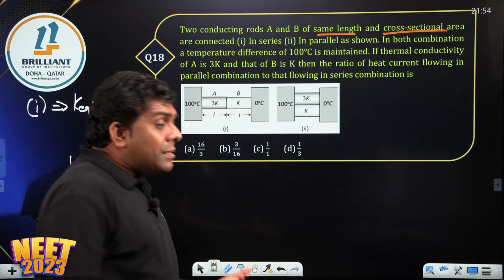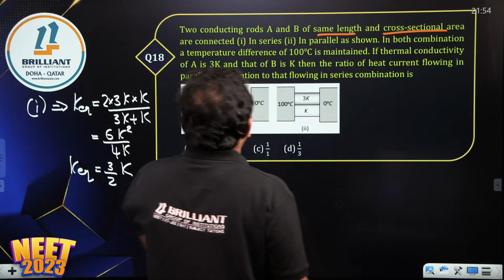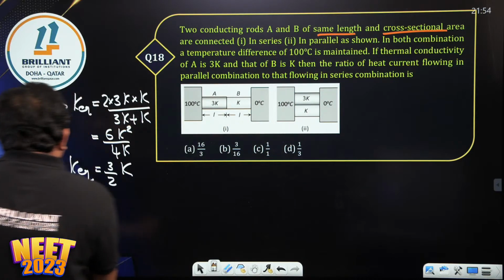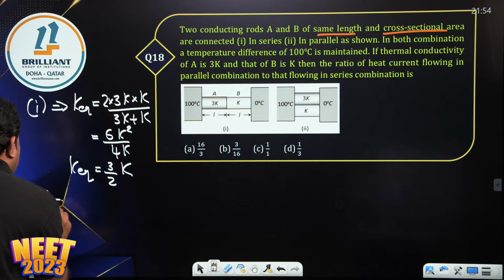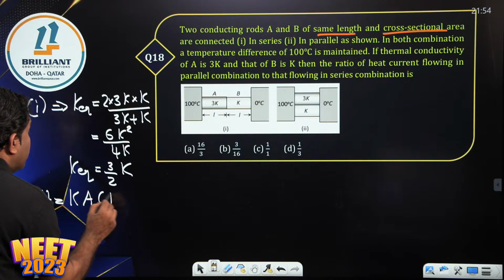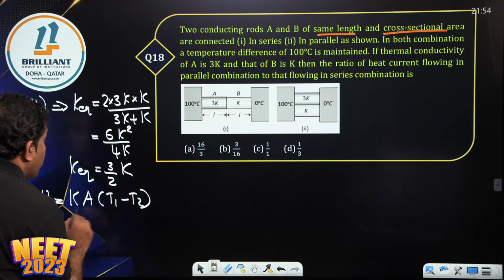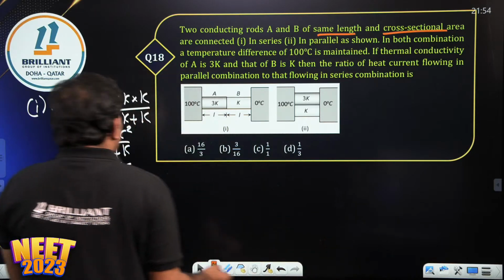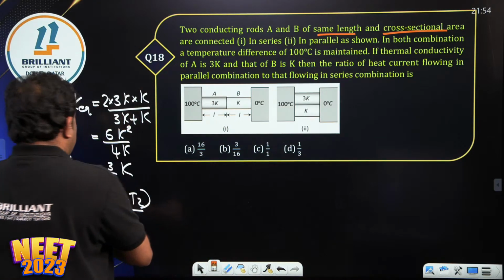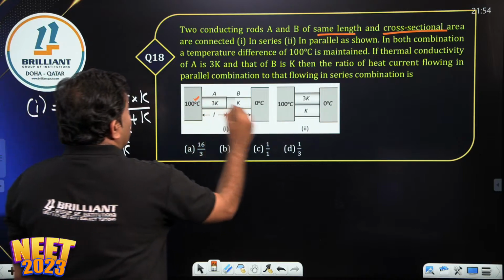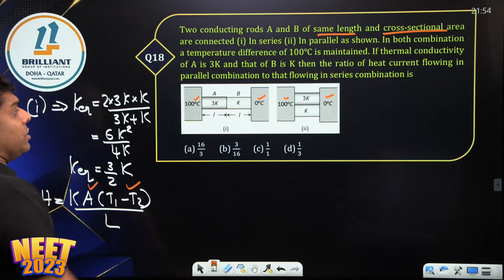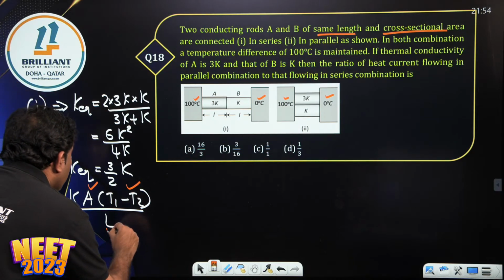In this question, it's very clear they have the same length and the same cross-sectional area. What is the formula for the heat flowing? Heat is equal to K A into T1 minus T2 divided by length. For these two rods, the area is the same, the temperature difference T1 minus T2 is the same, and the length is also the same.